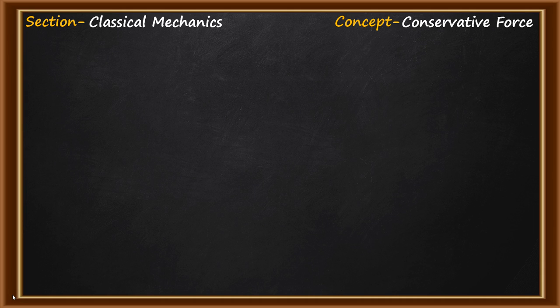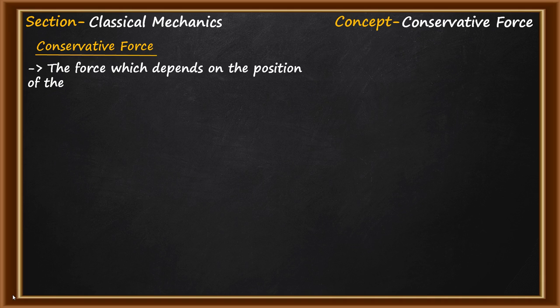Similar is the situation in case of conservative force. It does not depend on what path is followed. It only depends on the starting point and the ending point. So a conservative force is a force which depends on the position of the particle, not on the path it follows.